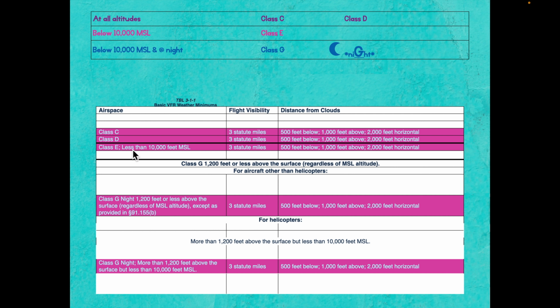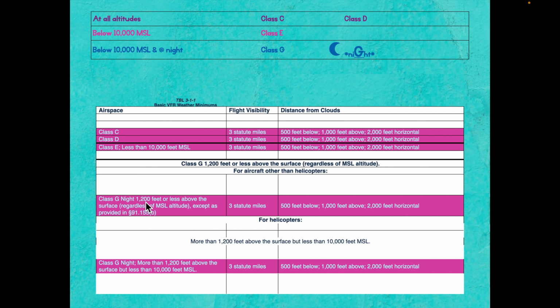Additionally, in Class E, when I'm below 10,000 feet, it's the same. And then I have this one in G. I actually don't include this one, this is for helicopters. I can see here below 10,000 MSL and at night.